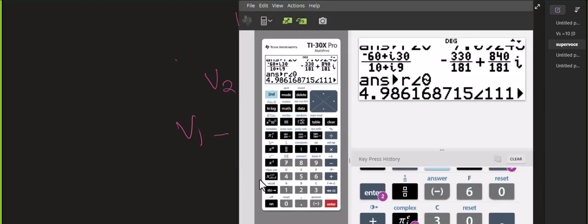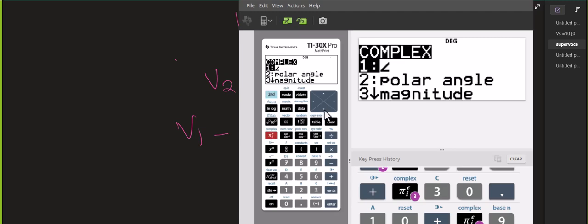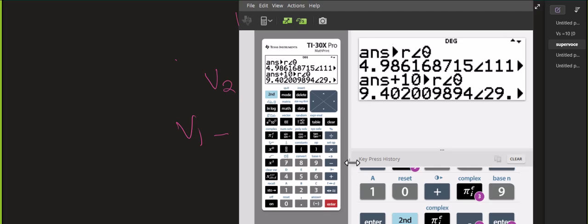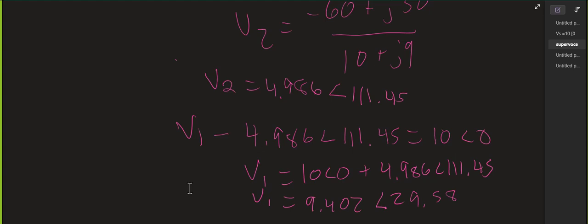But I am not going to do that. I'm just going to add 10 and change that answer to polar, and I get 9.4 angle 29.6, which is correct. So V1 equals 9.402 angle 29.58.